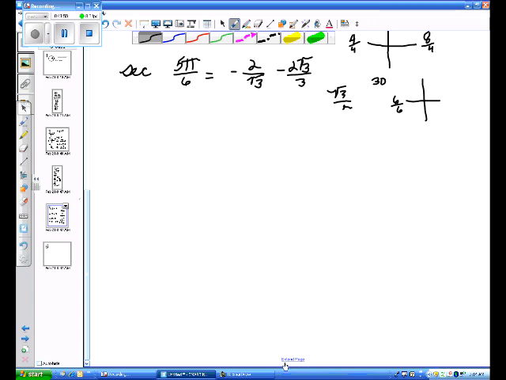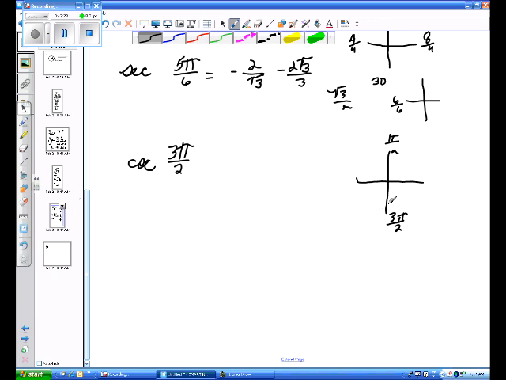And let's look at one more. Let's say we want the cosecant of 3 pi over 2. Okay, we said when our denominator was 2, we were on the y-axis. This was pi over 2, and 270 was 3 pi over 2.